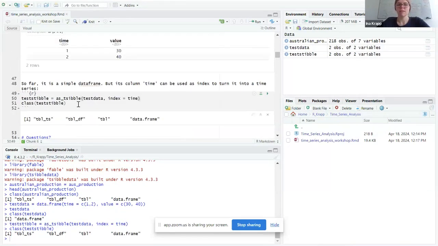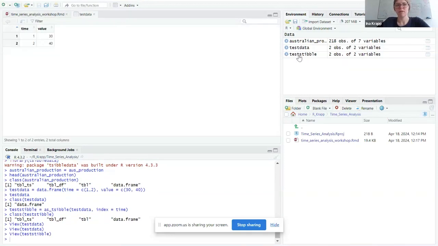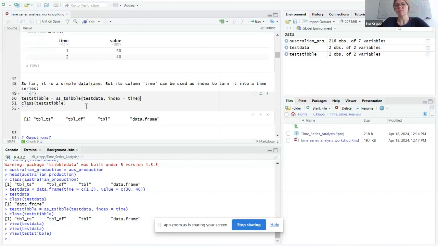So we run the fable command, and now we can see that the modified table is correctly recognized as a table time series. Even though if we open the two and compare them, we will see that they contain exactly the same input. So this is just about telling the system where to find the time variable.